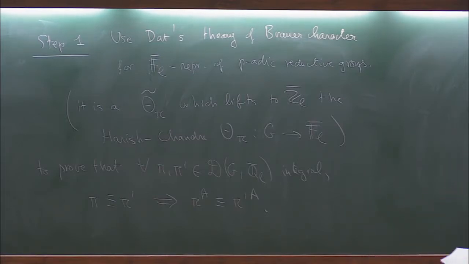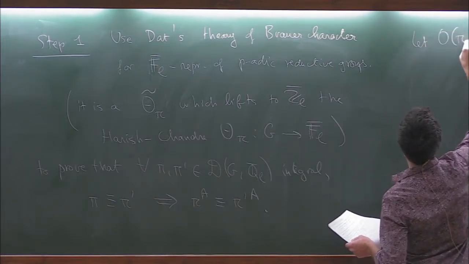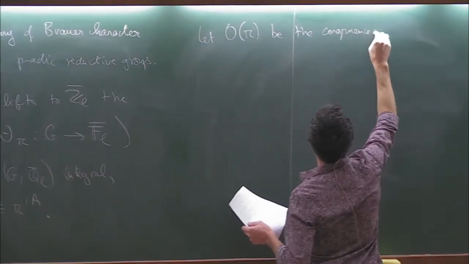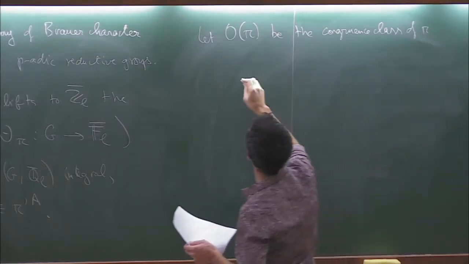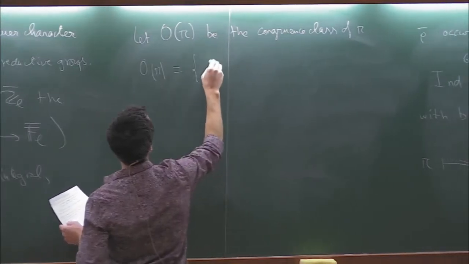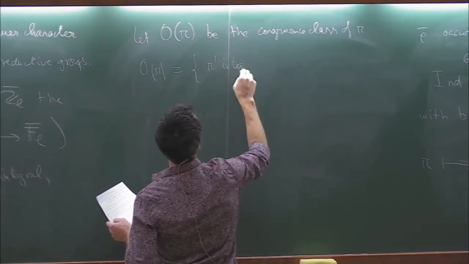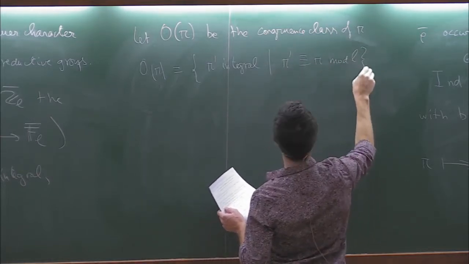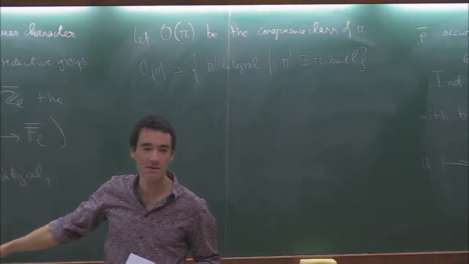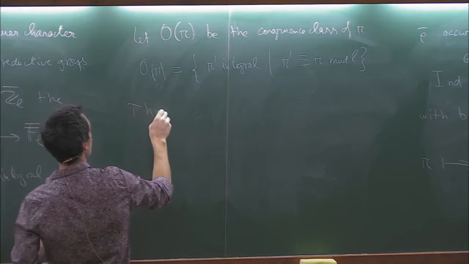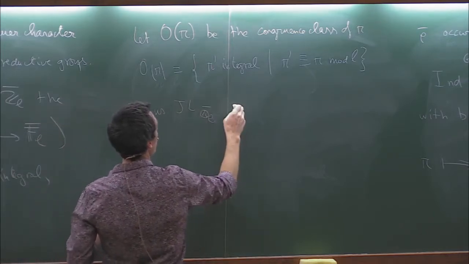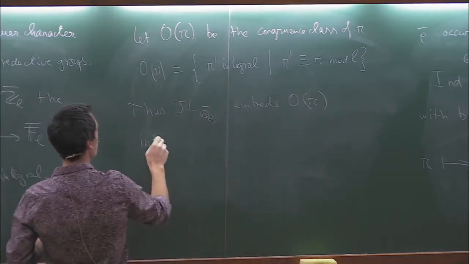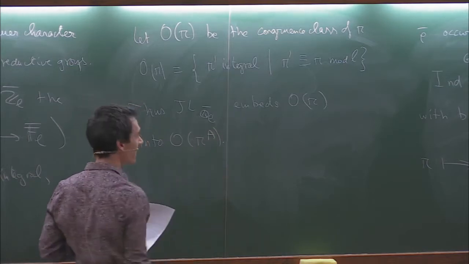Okay, so if we denote by O(pi) the congruence class of pi, so it is the set of pi prime integral such that pi prime is congruent to pi mod l, this result can be rephrased by saying that the Jacquet-Langlands correspondence embeds O(pi) into O(pi^A).